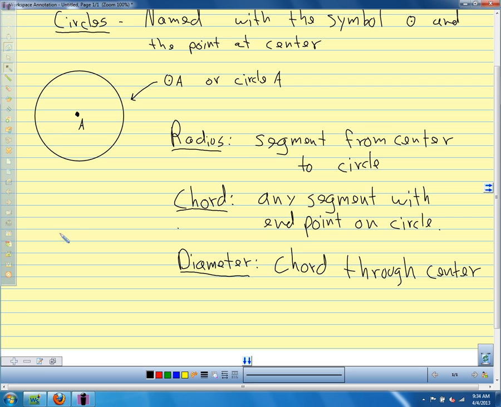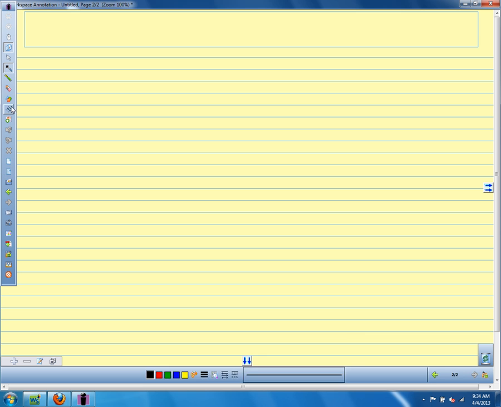So let's draw a picture of a circle with all these. I'll just put all the different points on it. I'm going to switch pages to draw the picture. So here's my circle.